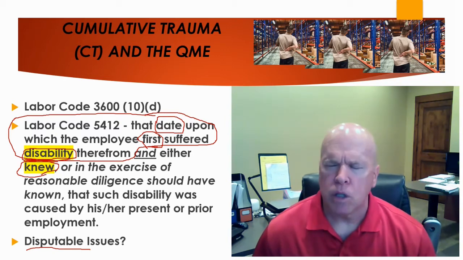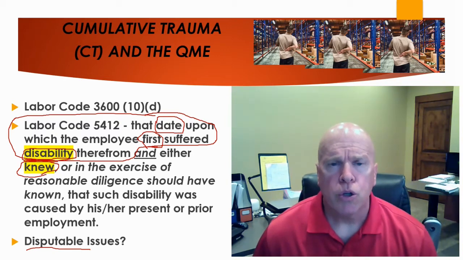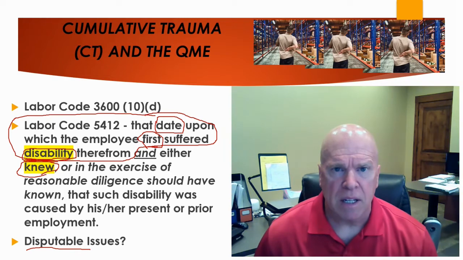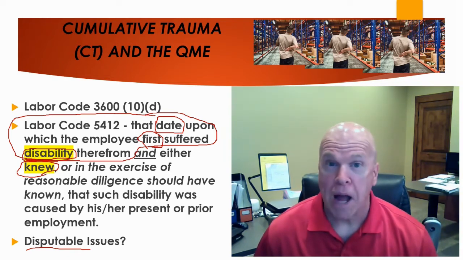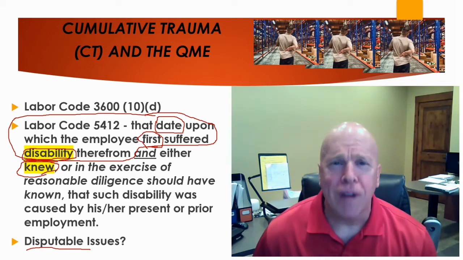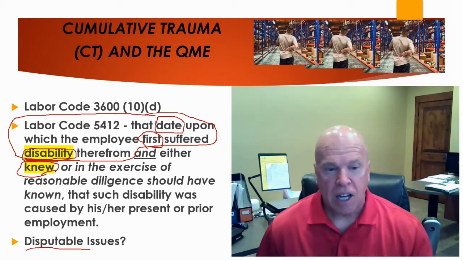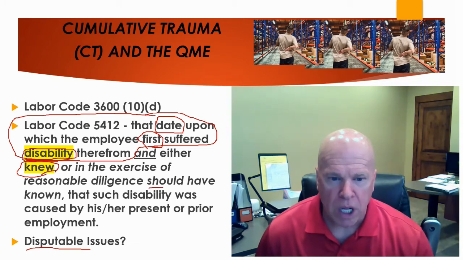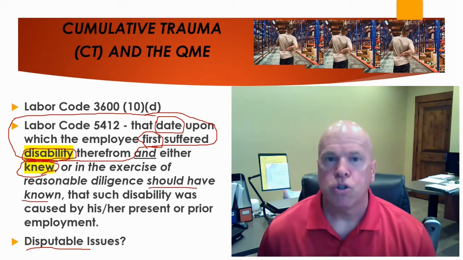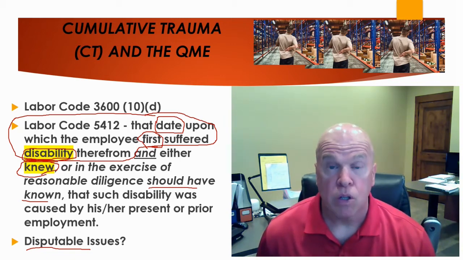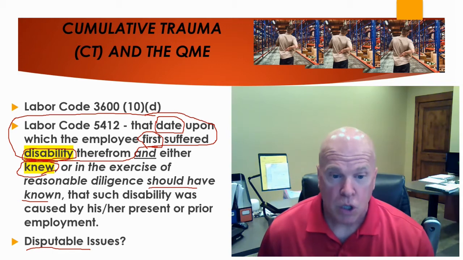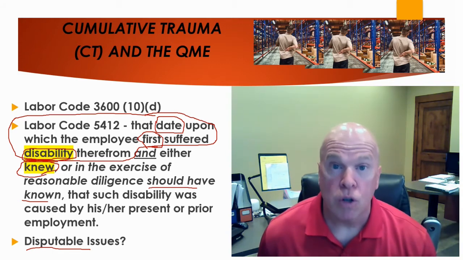One party will say, well, you knew you were suffering disability from the workplace activities, and the other party can say, no, I didn't. Prove it. Prove that I knew it. I didn't know it at the time. In fact, I didn't know it until much later. And then the other party is going to say, oh, baloney. You should have known. You should have known that the workplace duties were contributing to your disability. In other words, you should have reported this earlier because you should have known it.